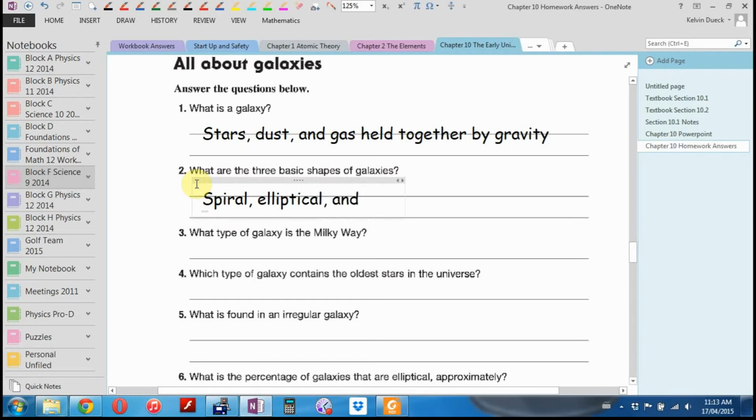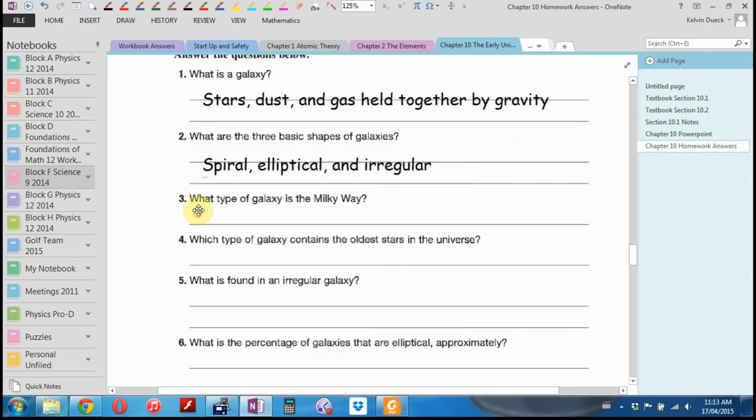There is a reason you can't, because it's not special. Irregular. It was on the tip of my tongue. Spit it out. What type of galaxy is the Milky Way? Our galaxy. I know it's ours. What type? Yeah, it's a lovely spiral. Oh, spiral. Okay. Which type contains the oldest stars in the universe?